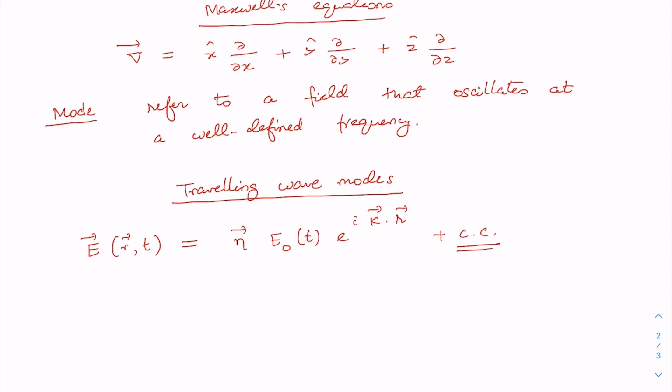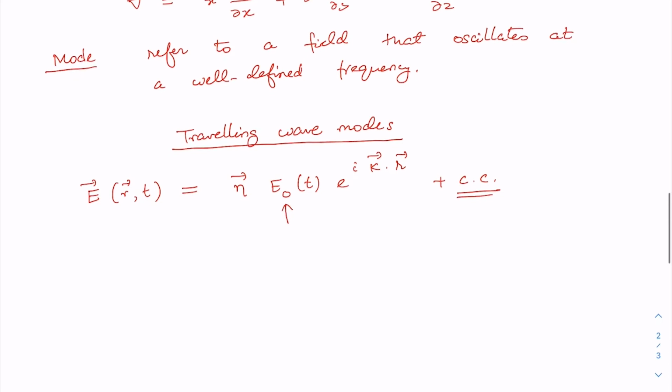This part here, E0(t), refers to the complex amplitude of the electric field, and eta is the direction of the electric field, known as the so-called polarization of the electric field. And k is the wave vector or propagation vector of the electric field, and it gives the direction of propagation of the electric field.